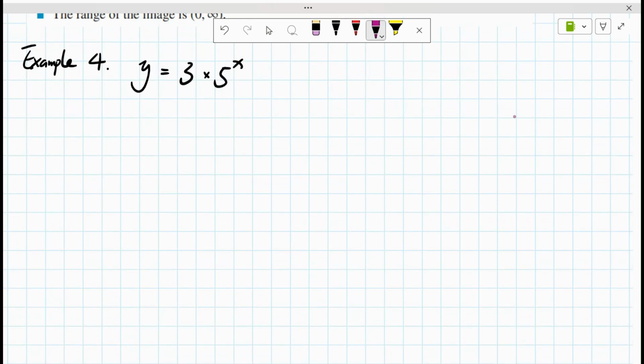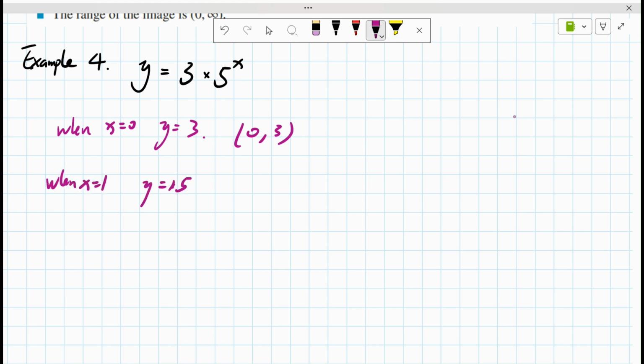If I have y equals 3 times 5 to the power x, first thing first, let's figure out, when x equals 0, y equals 3. So 0, 3. That's our y-intercept. And when x equals 1, y equals 15, so we can say it's going up. And when x equals negative 1, y equals 3 over 5.